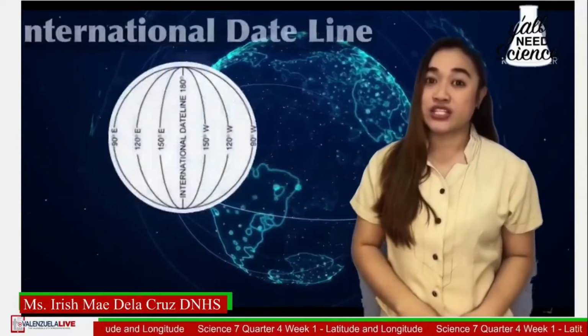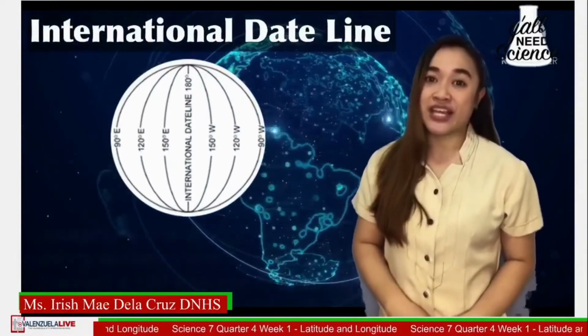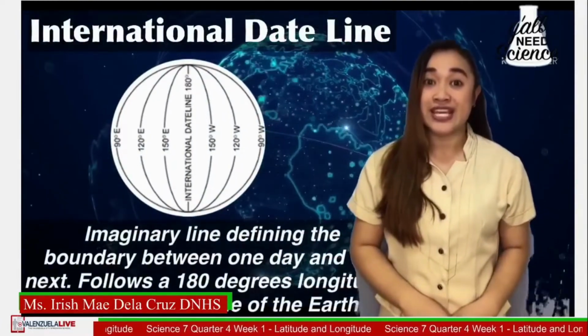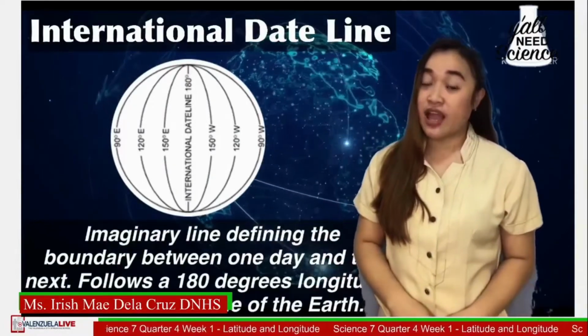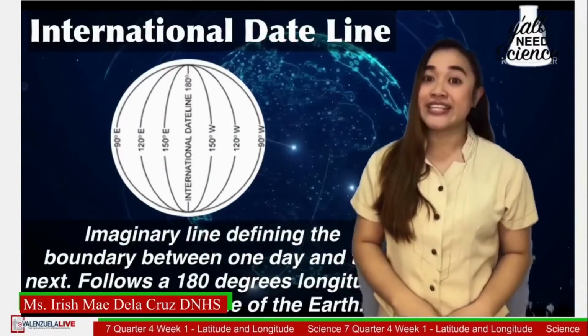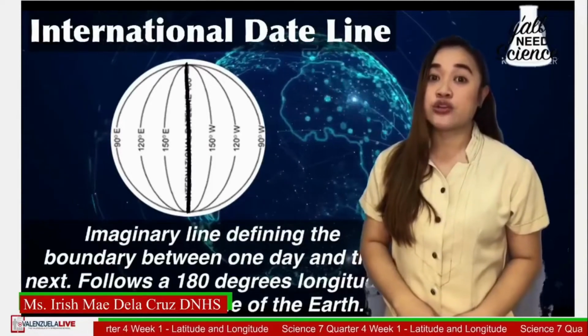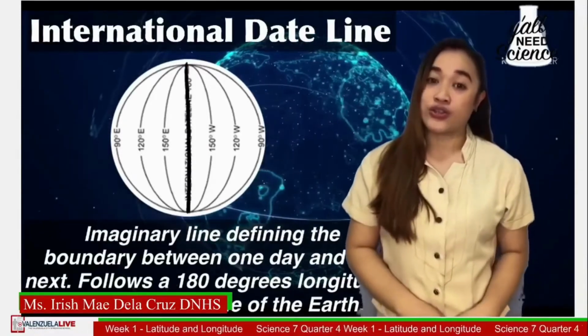The international dateline is an imaginary line on Earth's surface defining the boundary between one day and the next. It follows a 180 degrees longitude north to south line on the Earth.